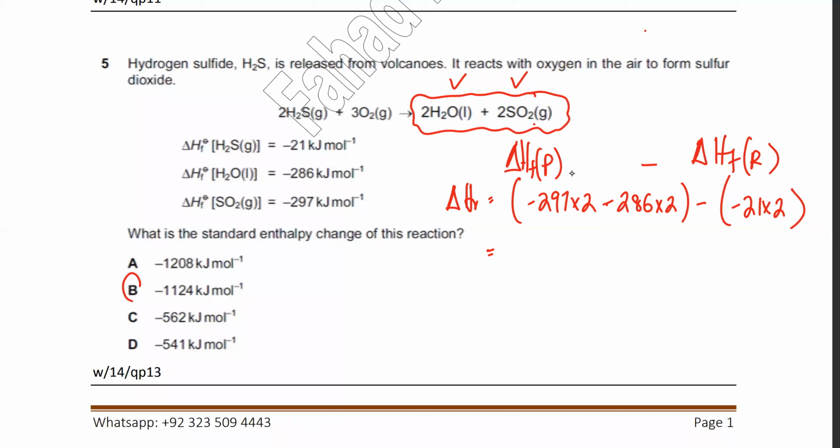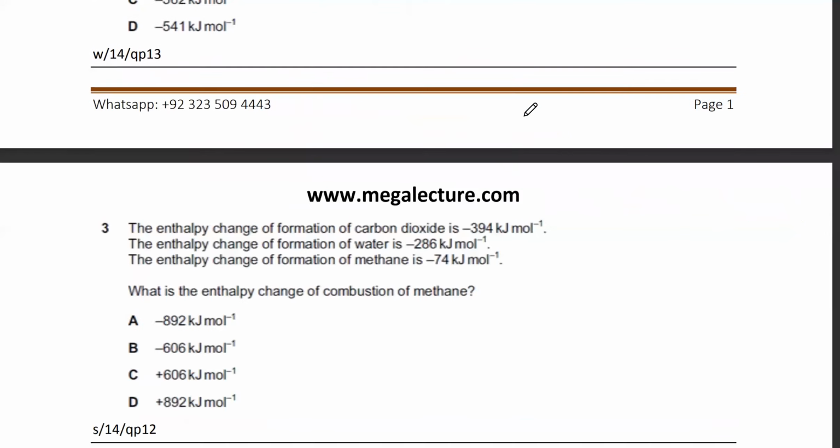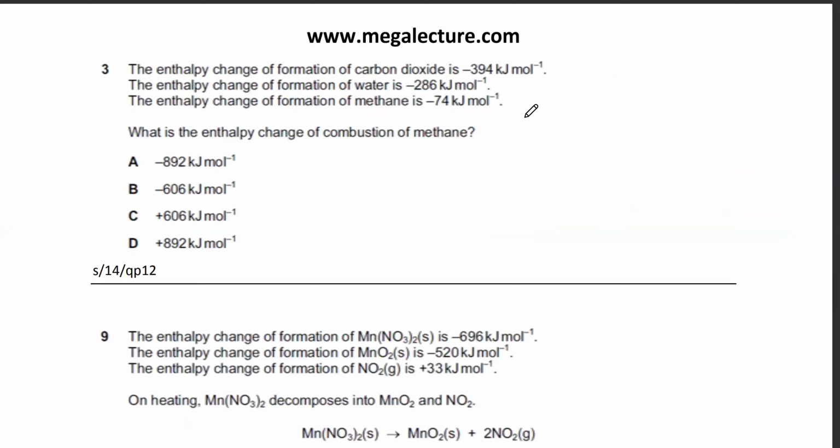So you're getting B for this. Now, every time you don't have to draw the Hess cycle. You could have drawn it, but it's going to be time consuming. So the simple method is to take the enthalpy of formation of the products and subtract from it the enthalpy of formation of the reactants. So all questions would pretty much be solved in the same way.